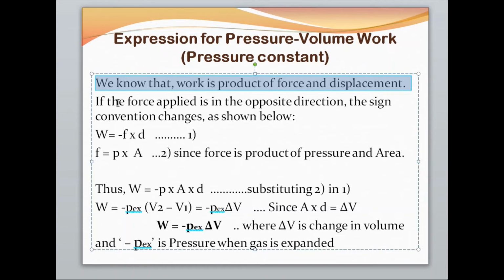Now, if the force applied is in the opposite direction, the sign convention changes. You must have seen a piston. A piston is something that we use maybe while filling air in cycle tires. You all must have seen at cycle shops, the way they pump air in the cycle tires.